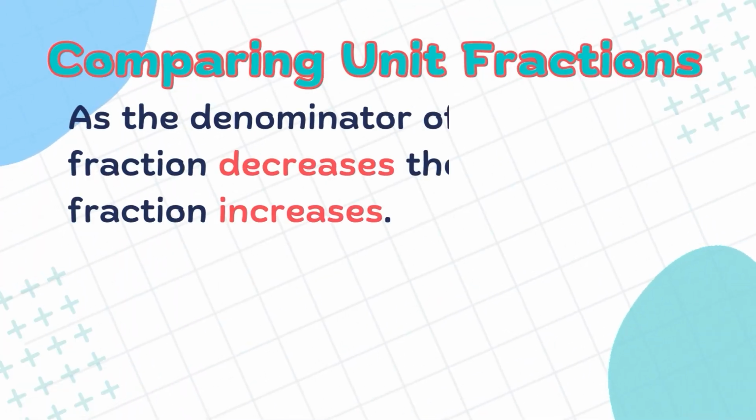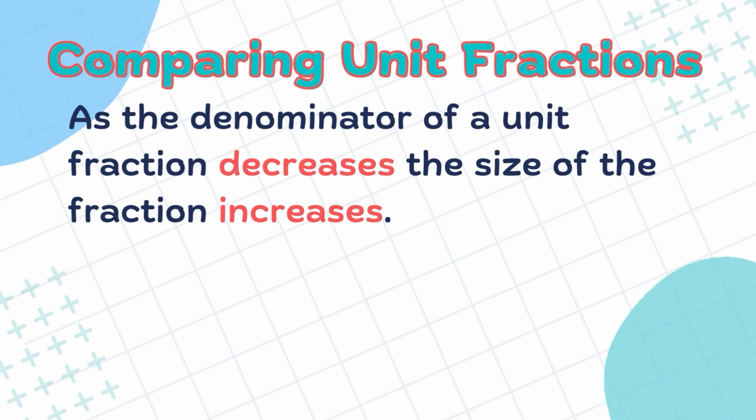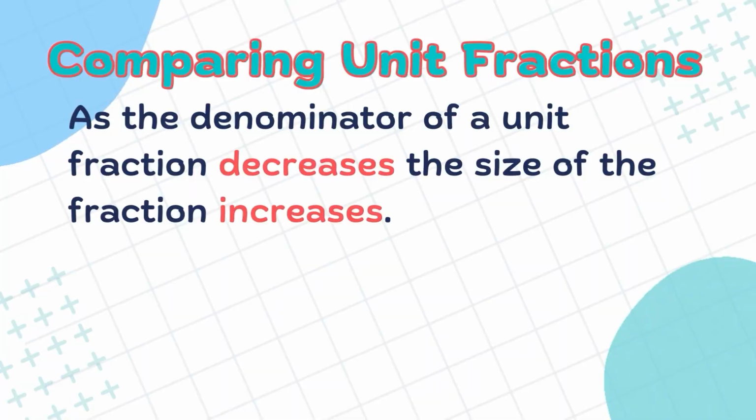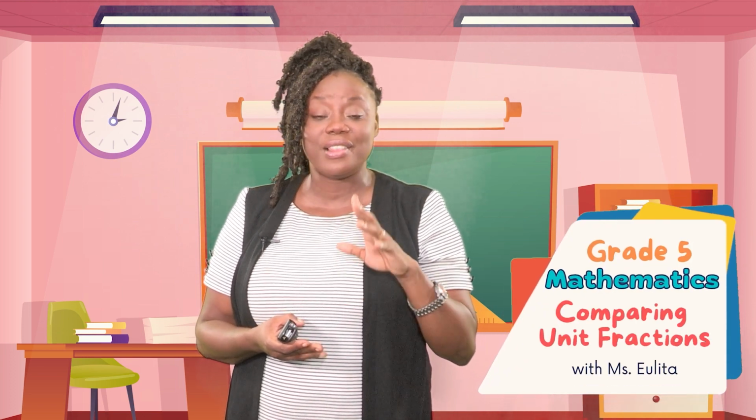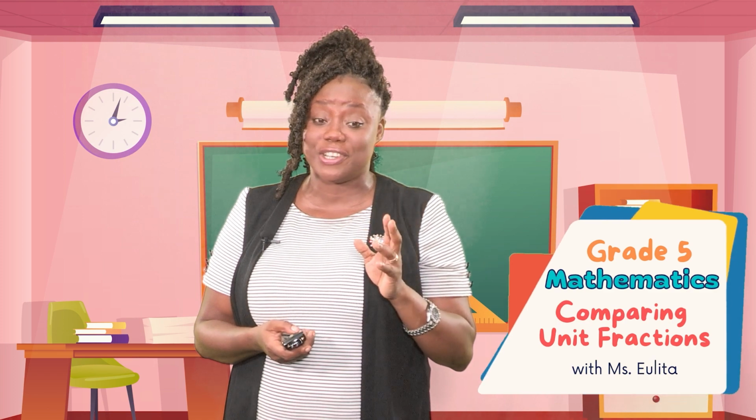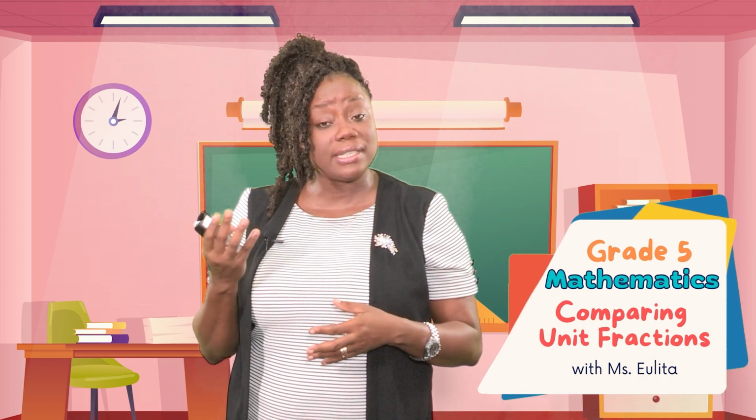When comparing unit fractions, as the denominator of the unit fraction decreases, as it gets smaller, the size of the fraction increases. So therefore, the smaller the denominator, the larger the fraction. The greater the denominator, the smaller the fraction.